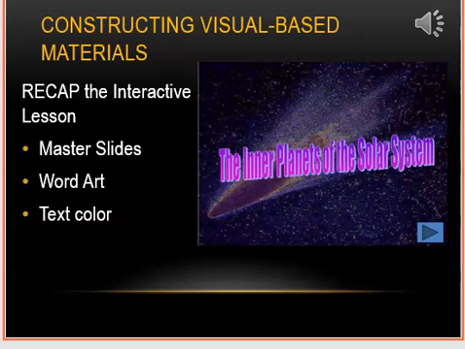Okay, so be sure you consider doing that when you create your interactive lesson. You don't have to. We looked at word art, and we looked at text color, all of them shown in this particular slide. Okay, so if you need to recap how to do that, you can go back into the presentation, but for the most part, this is fairly simple and straightforward.